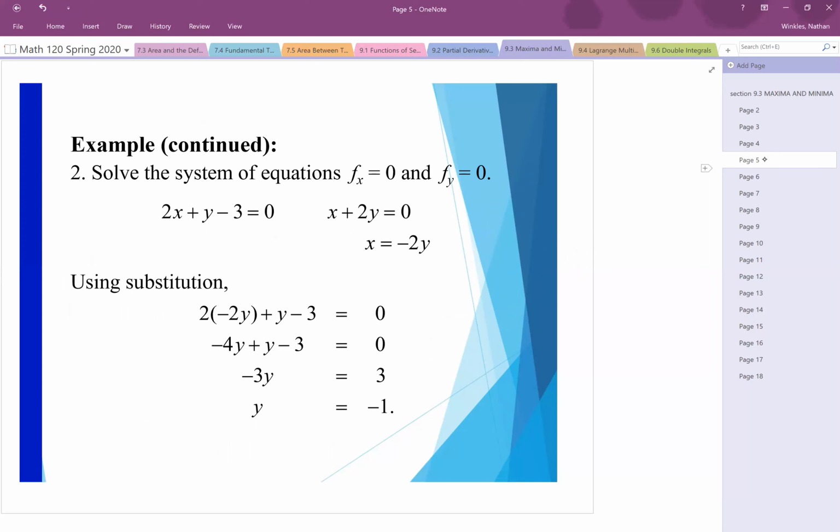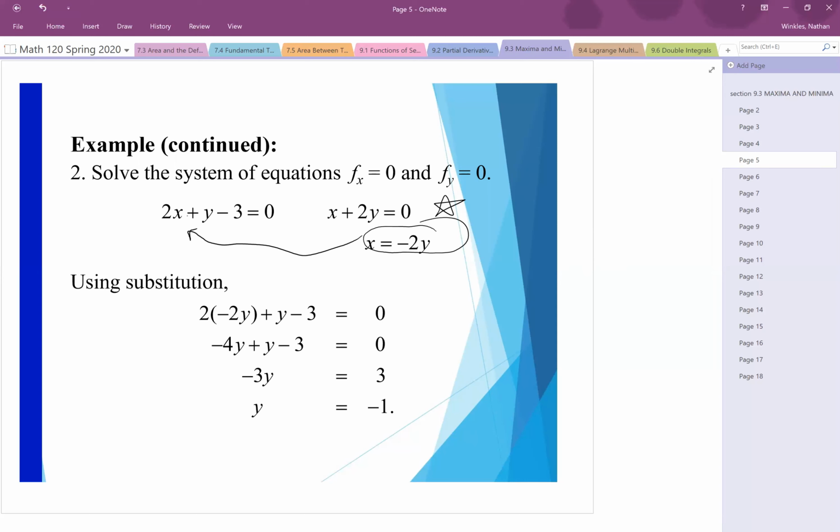In this case, the easiest way is going to be substitution. If we take the second equation, x plus 2y equals 0, and solve for x, x equals minus 2y. We then take this x equals minus 2y and plug it into the other one to solve for one variable. So 2 times negative 2y plus y minus 3 equals 0.